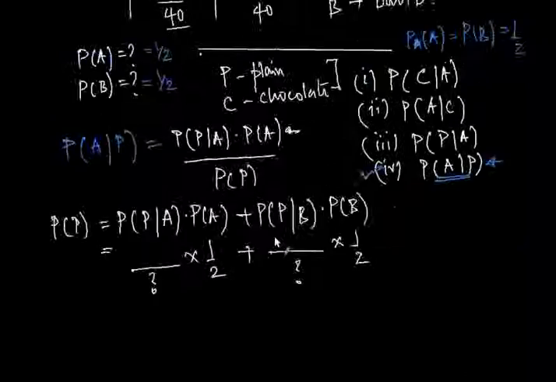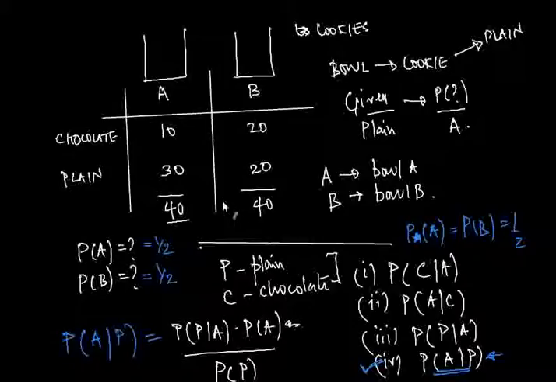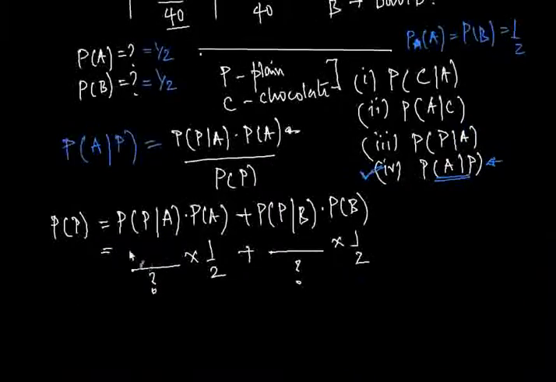Right. So if you were looking at this table, if you came back up and saw this table, then you would know that in jar A there are 30 plain cookies. So if you pick jar A, then the probability of drawing a plain cookie is simply 30 divided by 40, right?